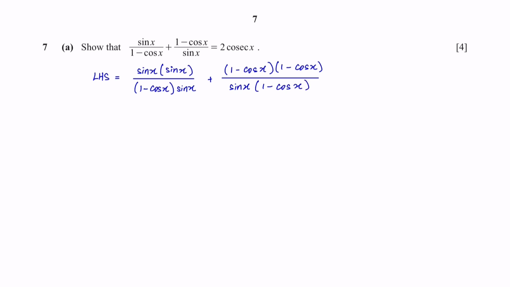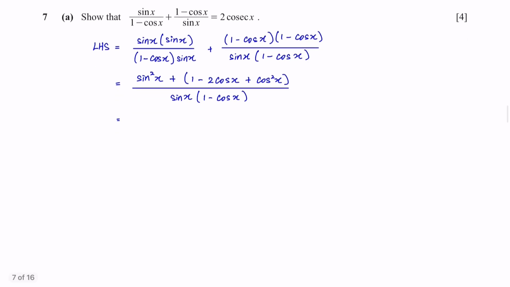From this, we can get our numerator as sine square x plus 1 minus 2 cos x plus cos square x. And for the denominator, we would have sine x times 1 minus cos x. So we can leave it like this first.